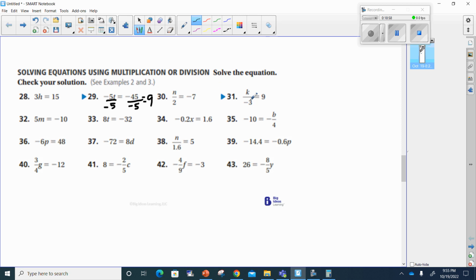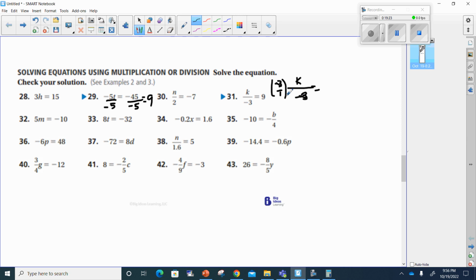Number 31 shows that I am dividing by negative 3. The only way that I can go ahead and get rid of that is to multiply by negative 3. So I'm going to multiply this by negative 3 over 1. And remember, if we multiply this, we got 3 over 3.